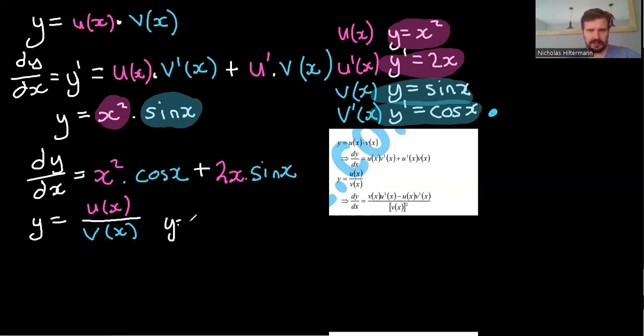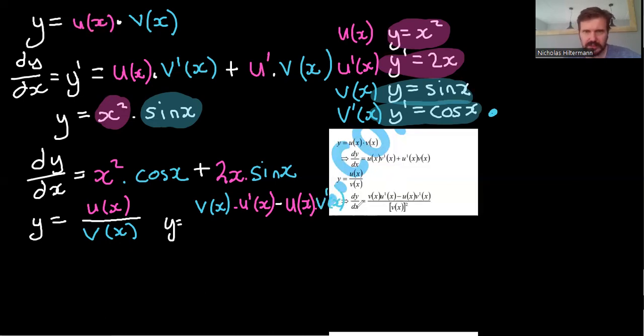y dash equals v(x), the thing in blue, the thing at the bottom, times the derivative of the top thing, u dash, minus u(x), the top unchanged, multiplied by the derivative of the bottom, v dash x.